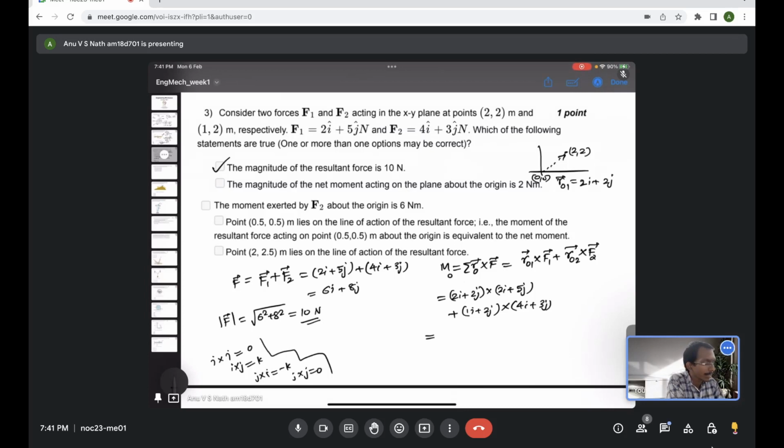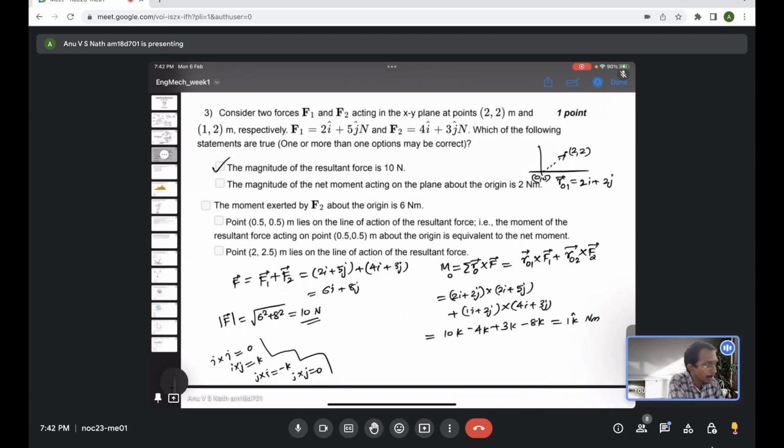So if you use that here, we will have 2i cross 2i is 0, 2i cross 5j is 10k, then 2j cross 2i is minus 4k, 2j cross 5j is 0, then 1i cross 4i is 0, 1i cross 3j is 3k, 2j cross 4i is minus 8k, then 2j cross 3j is 0. So basically we will get 13 minus 12, which is 1k Newton meter.